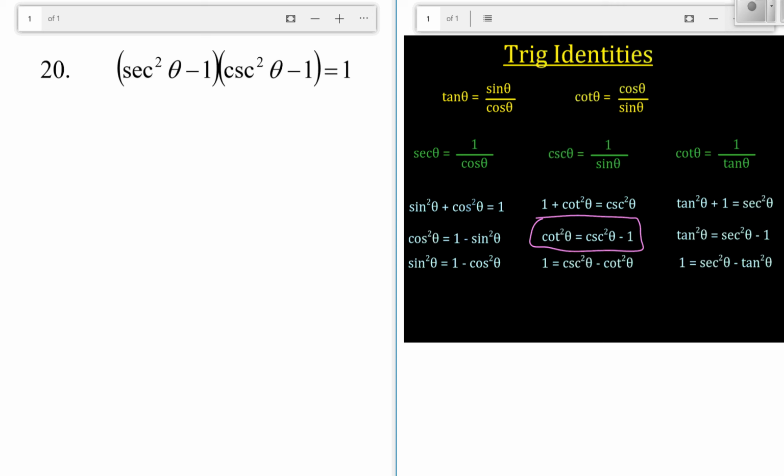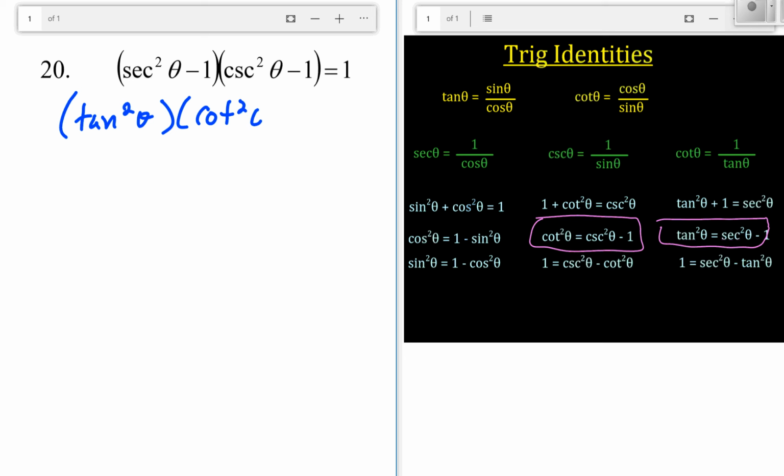And then secant squared theta minus 1 is tangent squared. So I'm going to use those two. I'm going to replace secant squared theta minus 1 with tangent squared theta. Then I'm going to replace cosecant squared theta minus 1 with cotangent squared theta.